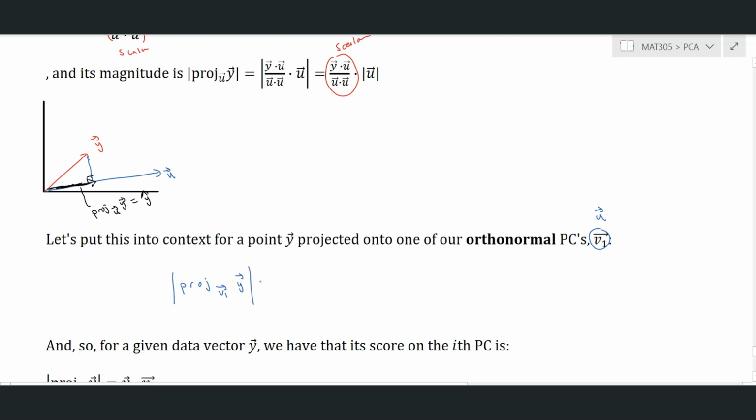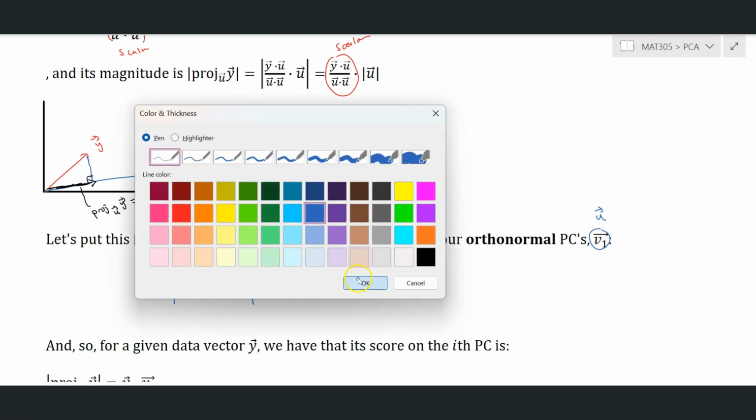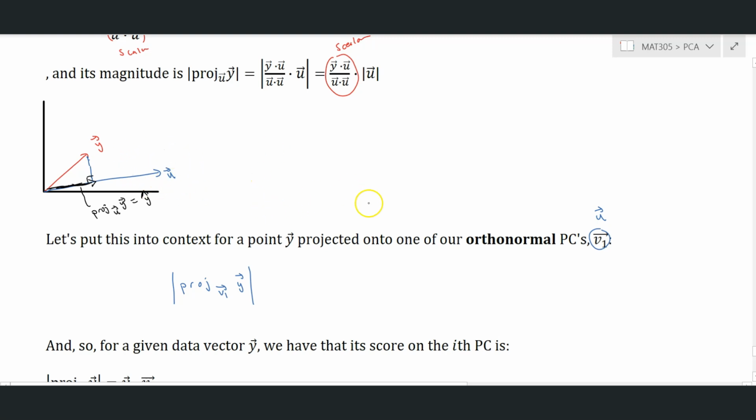Its length, and we're going to get its squared length, technically. Though I'm not really going to worry about that, because that's just for maximizing the sum of the square distances. If I just want to know what is the PC's score, I am going to figure out how far away from the origin that point is.